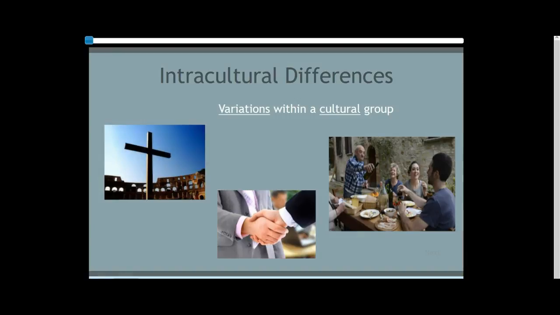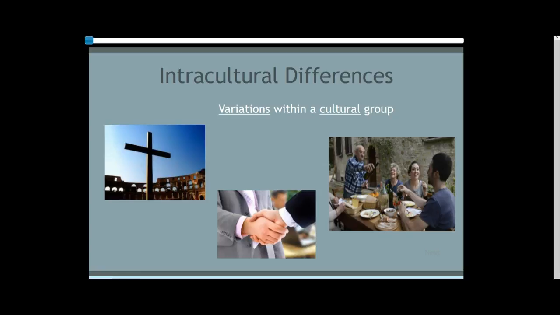Then you have intercultural differences. So this is variations within a cultural group. So I'm sure you have noticed throughout America that we have various different religious beliefs. You'll have different political views, different ways that you spend time with family, or how you interact.